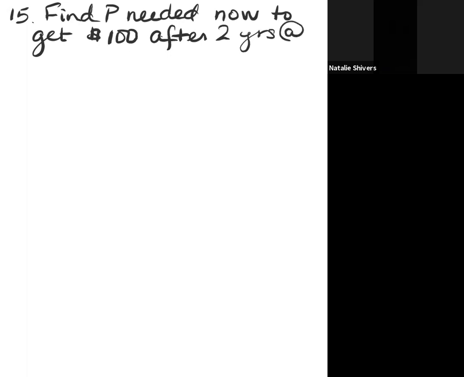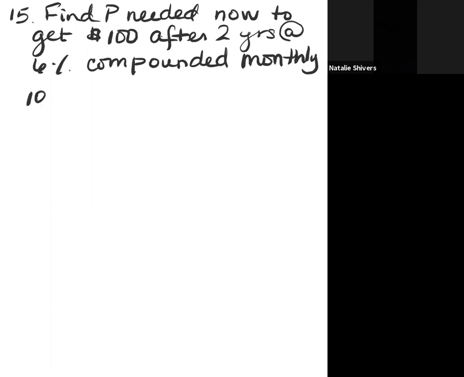At 6% compounded monthly. Okay, so 100 is what we want at the end. So we want to know if we're going to invest money now, and here are the stipulations that we have, a 2-year term at 6% compounding monthly. How much do we need to put in now?